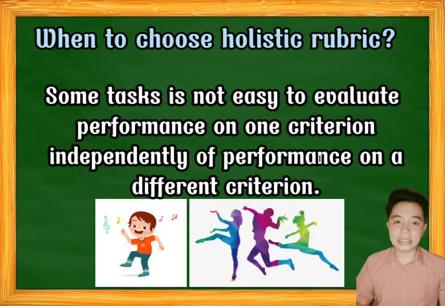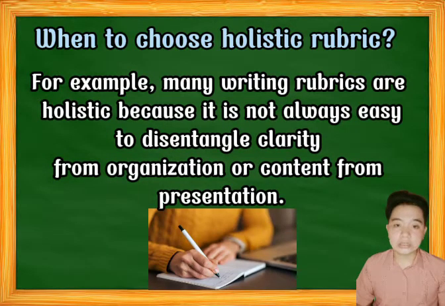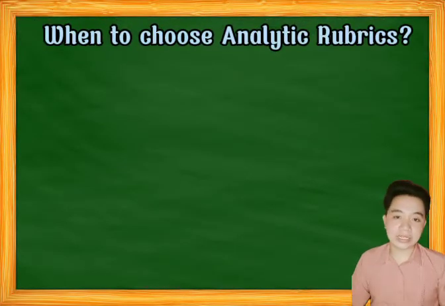Some tasks are not easy to evaluate in one criterion independently of performance in a different criterion. For example, many writing rubrics are holistic because it's not always easy to disentangle clarity from organization or content from presentation.